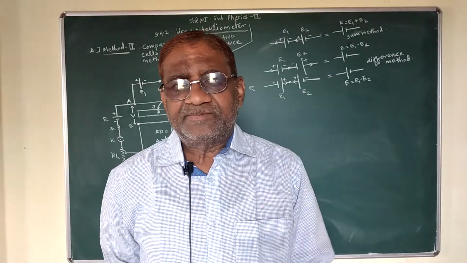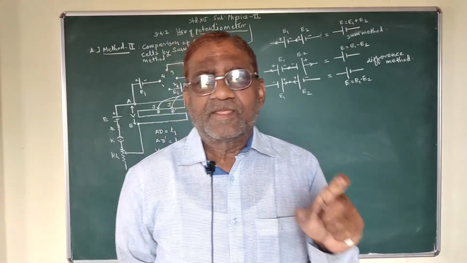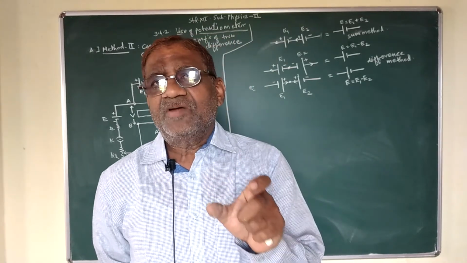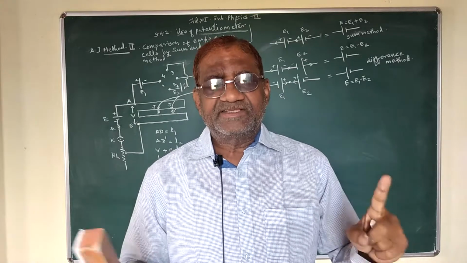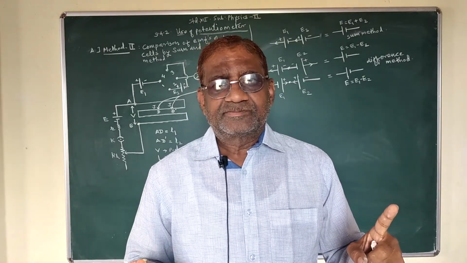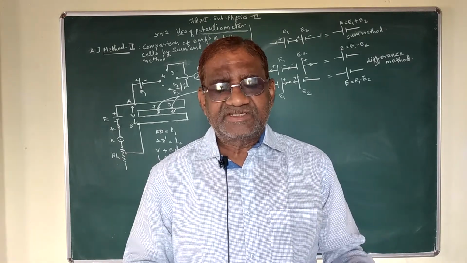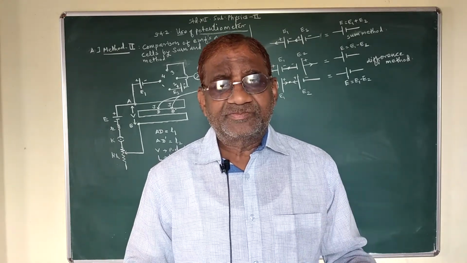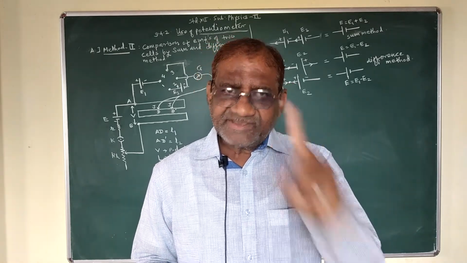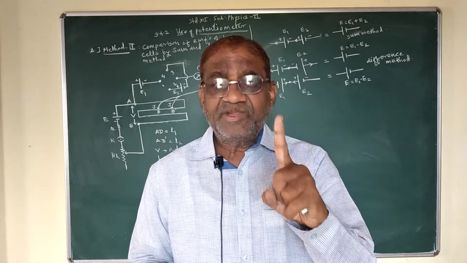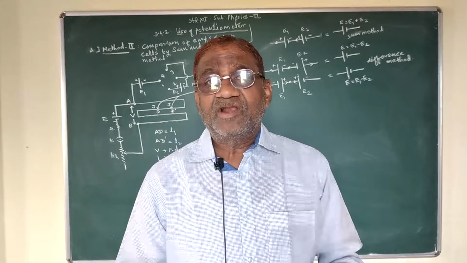So, it is found that for the sum method, for the sum of EMF of two cells, we connect these two cells having different EMF, say E1 and E2, such that the negative terminal of the first cell is connected to the positive terminal of the second cell.